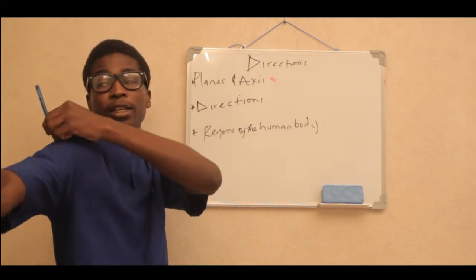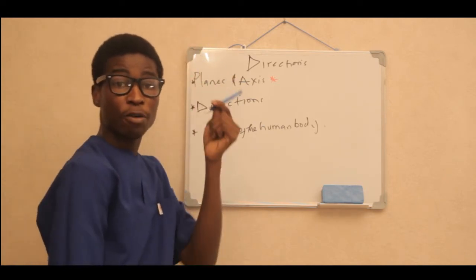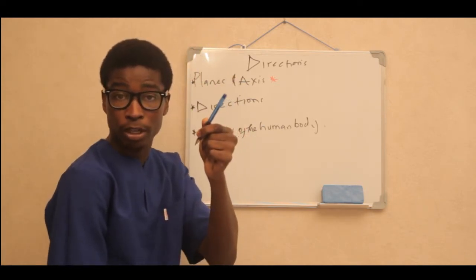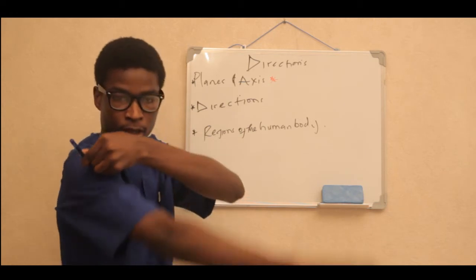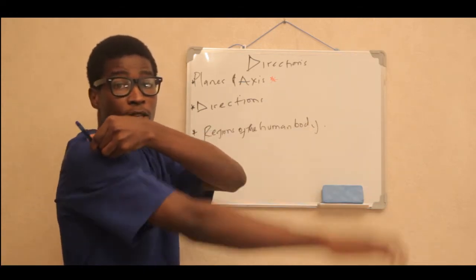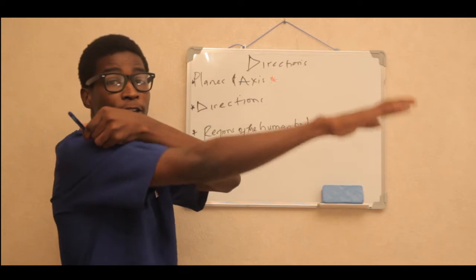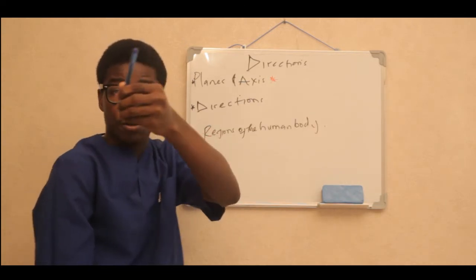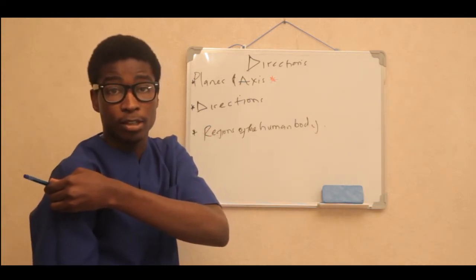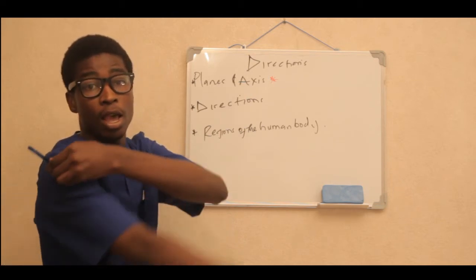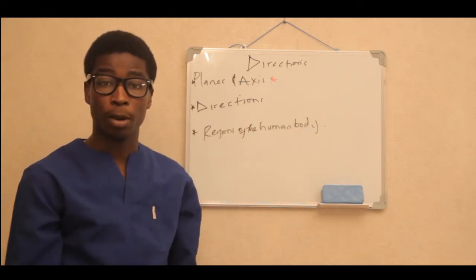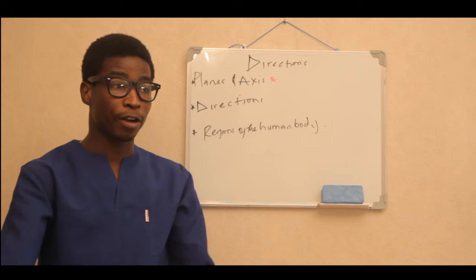If you try moving like this, you find out that you're disturbing the object. The only way you can move is this. And what do you call this? Elevation and depression. So along the frontal horizontal axis, the only movement possible is elevation and depression.